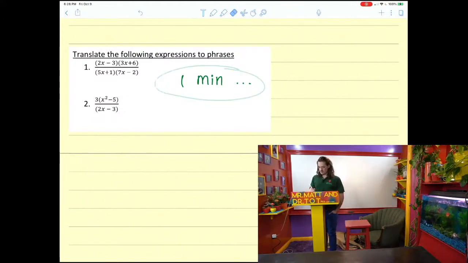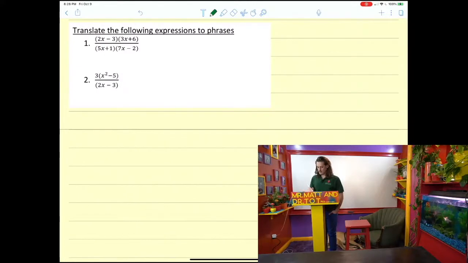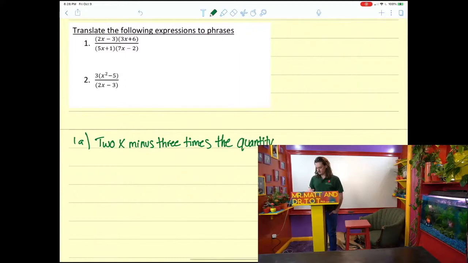Number one, we could represent this as 2x minus 3 times the quantity 3x plus 6 all over 5x plus 1 times the quantity 7x minus 2.